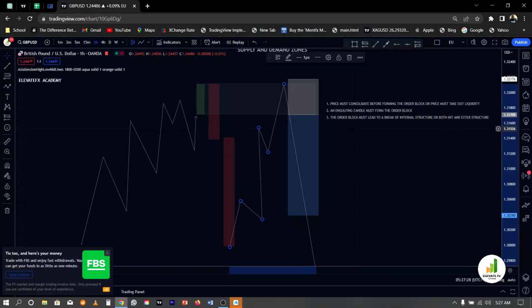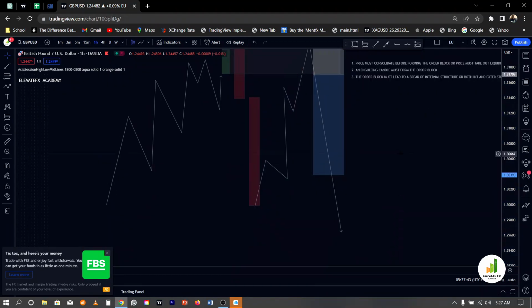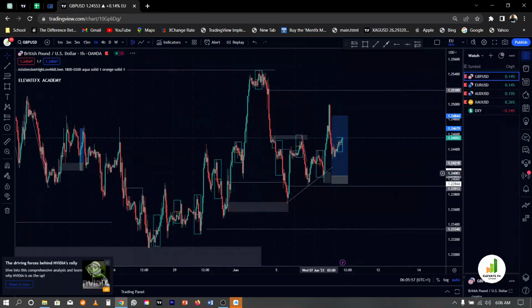So let's go ahead and look at some of these things on the chart. Remember what I said: price must consolidate before forming, or an engulfing candle must form the order block. The order block must lead to a break of internal structure, or both internal and external structure, and then wait for the mitigation, and then we take it, right? Okay, so let's look at the charts now.